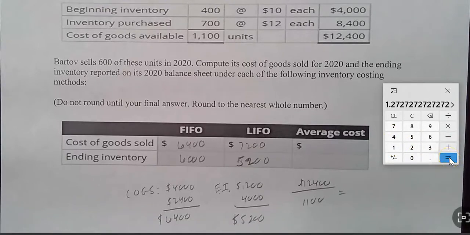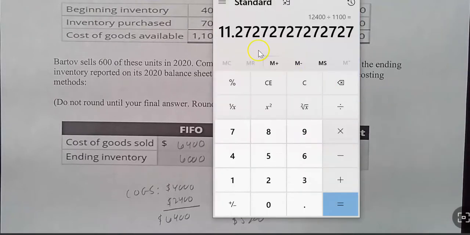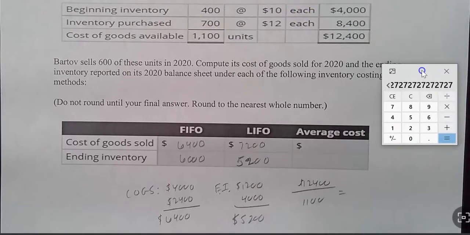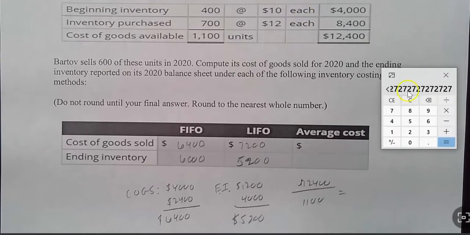So that gives us $11.27. Now, so that we can be as accurate as possible, it was $11.27 and some change. So we just now have to multiply that by the number of units sold, and we can get our cost of goods sold.